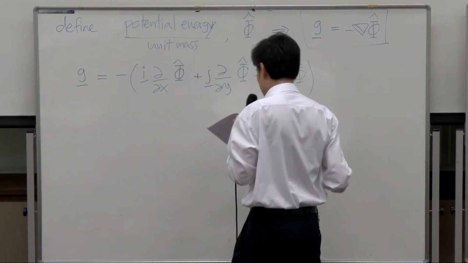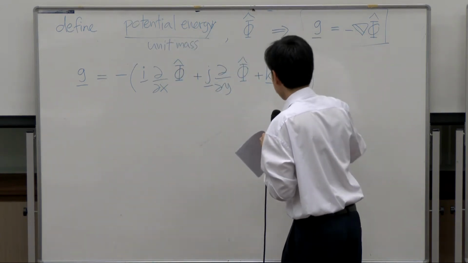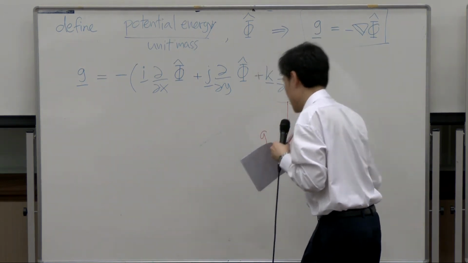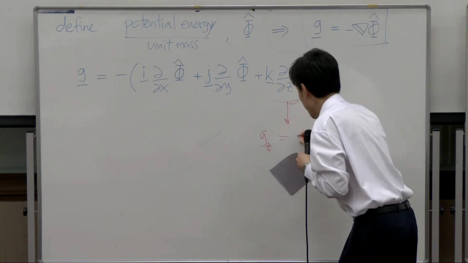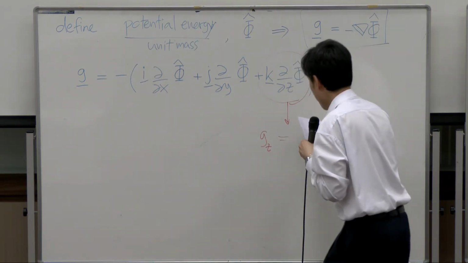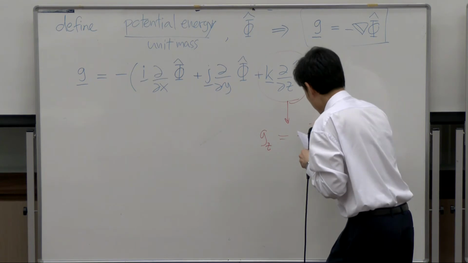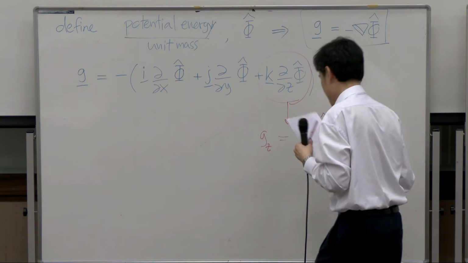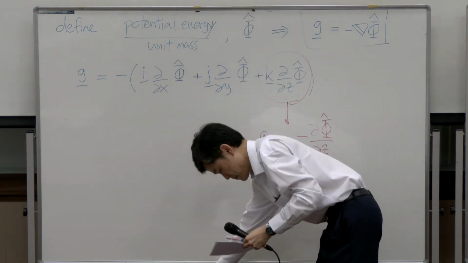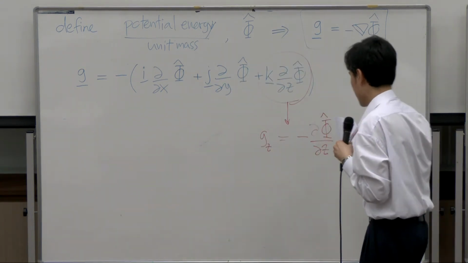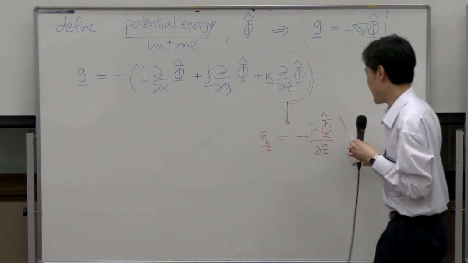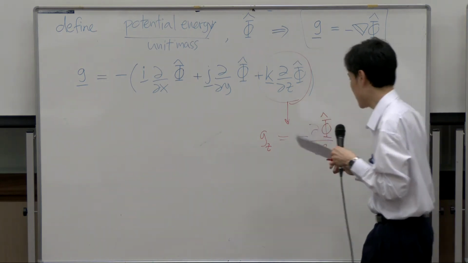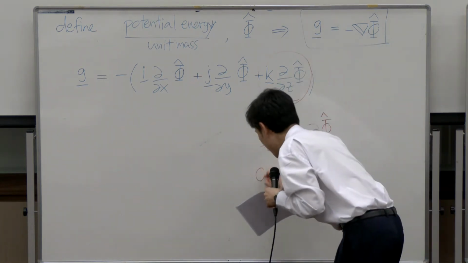Now, if I take this z component and say it is written as Gz, Gz is basically minus d phi by dz. All right? If I move dz into the left-hand side and integrate the whole equation, on the right-hand side I will get phi.